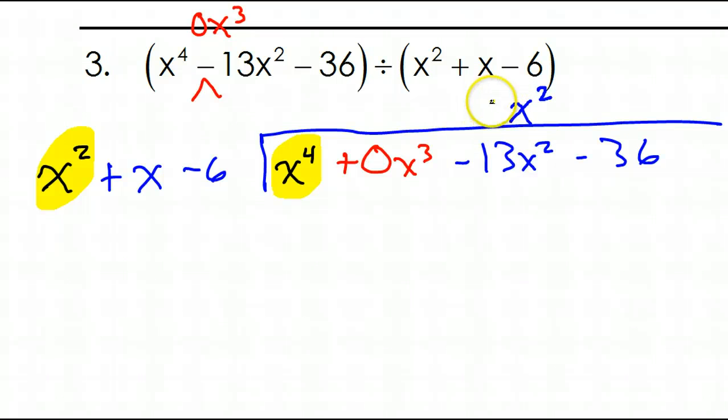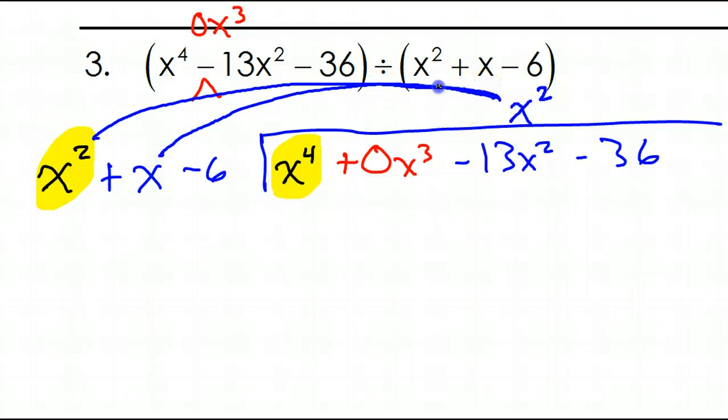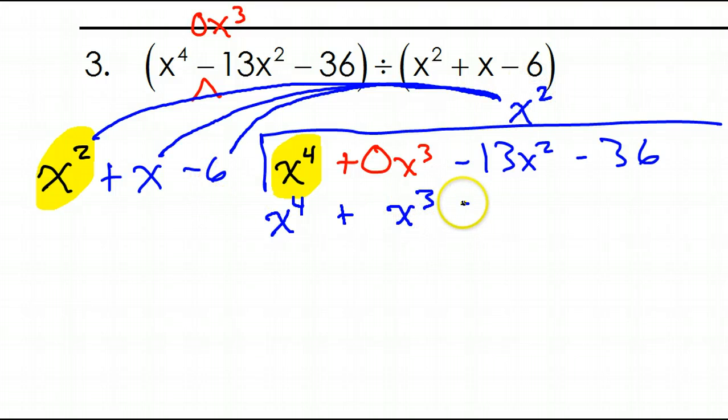Once I have this x squared, I'm going to do the distributive property. This time I have 3 terms to multiply by. So here I go. X squared times x squared, that's x to the fourth power. X squared times x, that is x to the third power. X squared times negative 6, that's negative 6x squared.